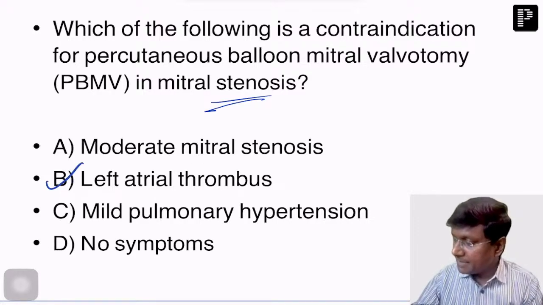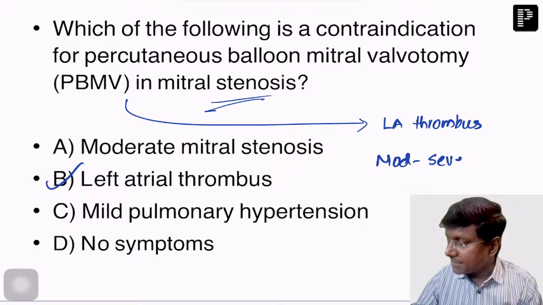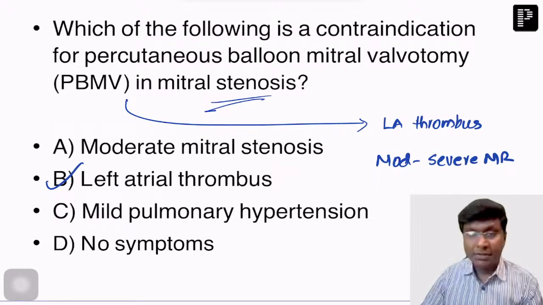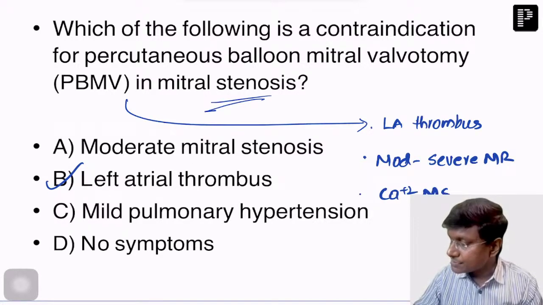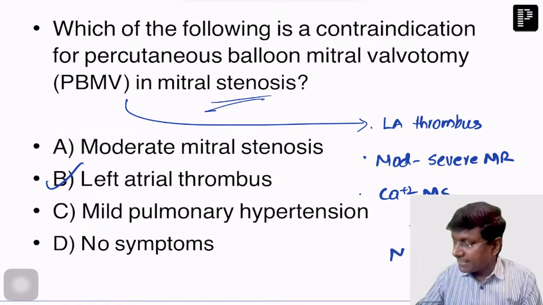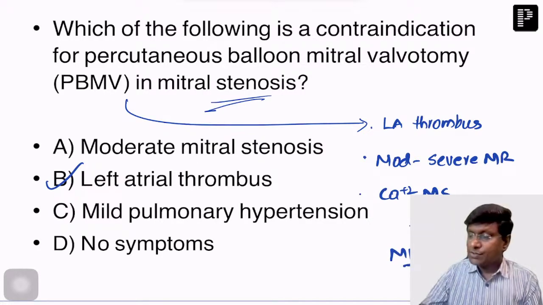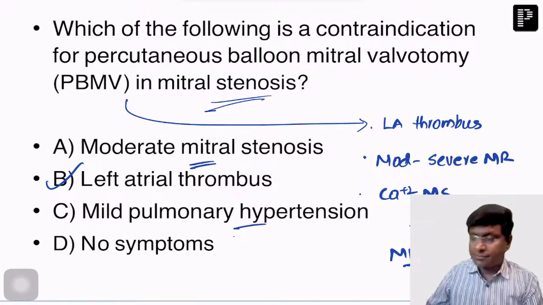So the PBMV contraindications: presence of LA thrombus, presence of moderate to severe MR, and the third scenario is calcific mitral stenosis. In these three scenarios, we don't do PBMV; we do mitral valve replacement. So for moderate MS, if the individual is symptomatic, we do PBMV. Mild pulmonary hypertension, if we do PBMV, the pulmonary hypertension can decrease.